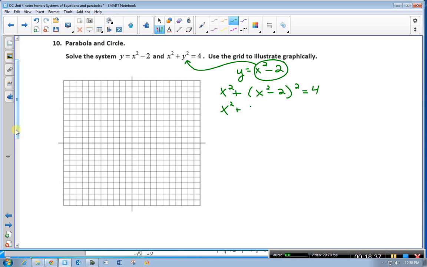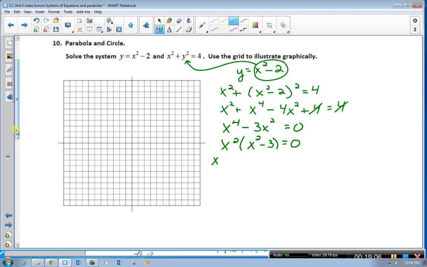So x squared plus x to the 4th minus 2x squared minus 2x squared, which would be minus 4x squared, plus 4. So we have x to the 4th minus 3x squared equals 0. So we take out an x squared, and we're left with x squared minus 3. So we get x squared equals 0, which means x is 0, and x squared is 3, which means x could be radical 3 or negative radical 3.